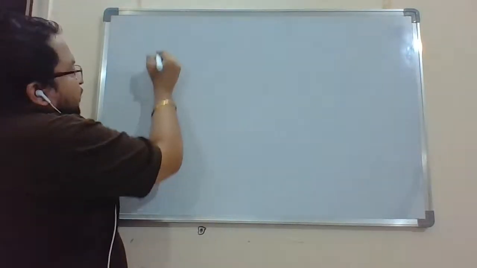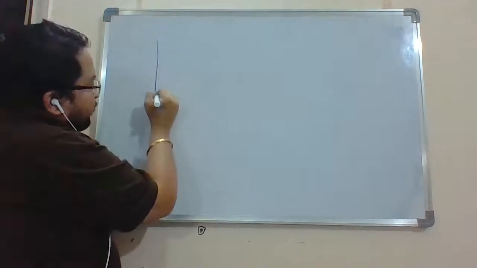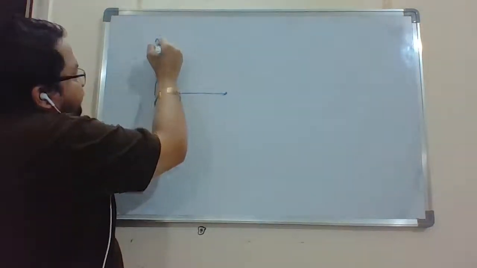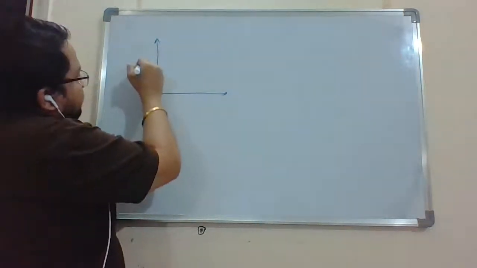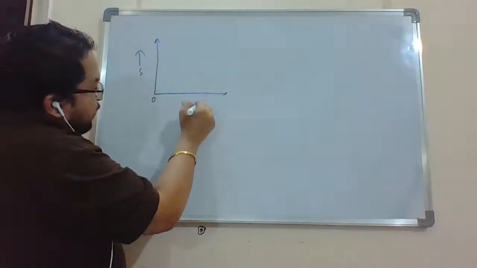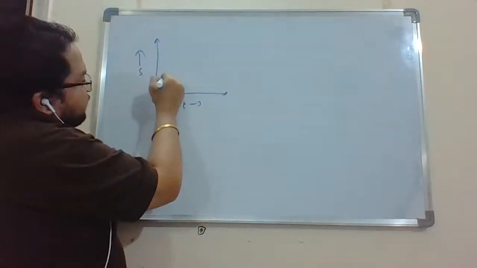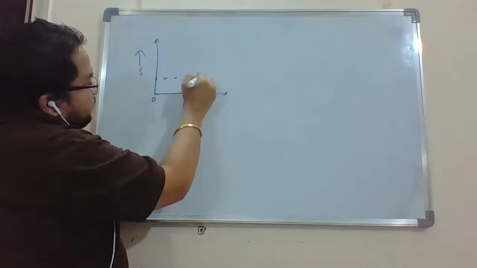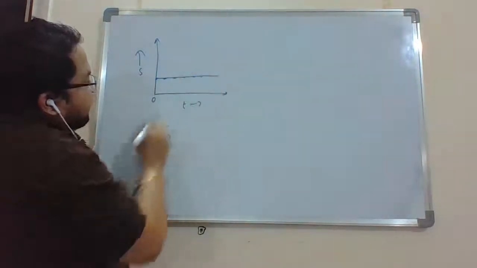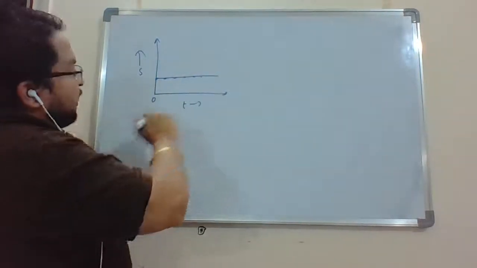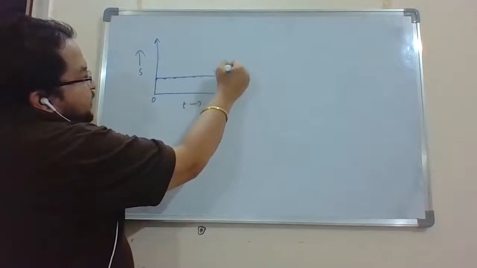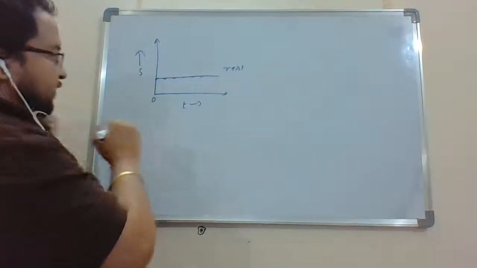So we saw when the position of something was not changing with time, we got a straight line, and this indicates that something is at rest.